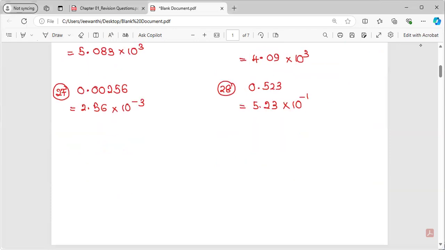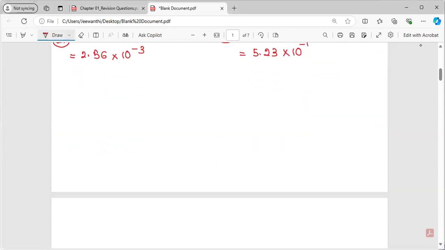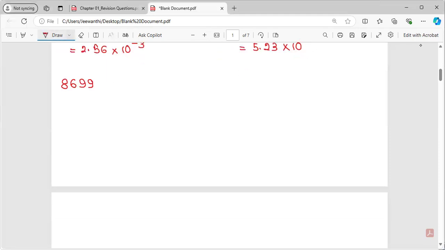So we will move to question number 29. In question numbers 29, 30, 31, we have the same number, 8,699. In question number 29, we want to correct it to the nearest 10. 8,699, children, look at this and listen to me carefully.